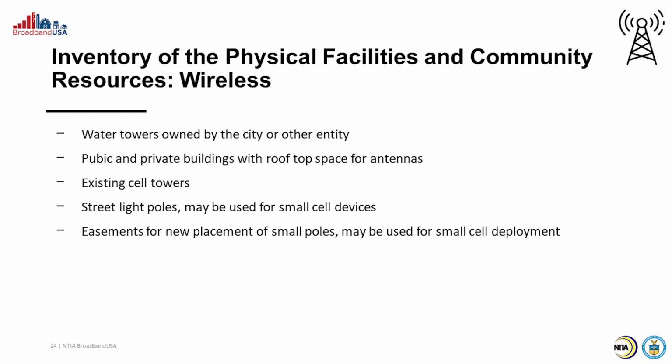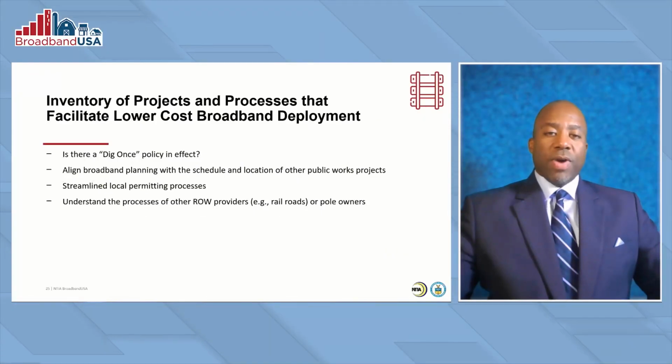Street poles, street lights may be used for 5G or small cell devices. And then easements for new placements of new poles. And that may also be used for small cell deployment, either wireless or 5G deployment if you're in an urban or metropolitan area.